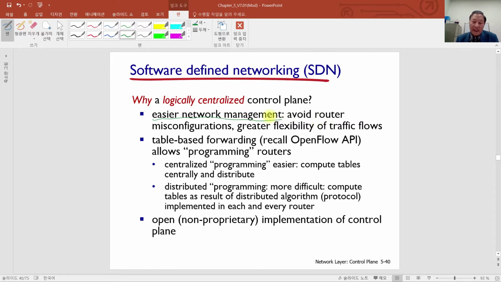There are some advantages. Because of that, we are trying to use SDN and evolve and upgrade using this software-defined network.